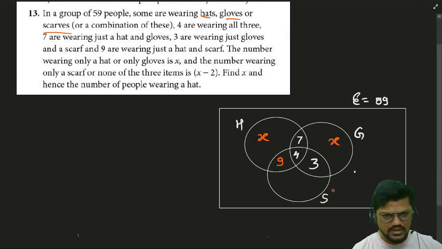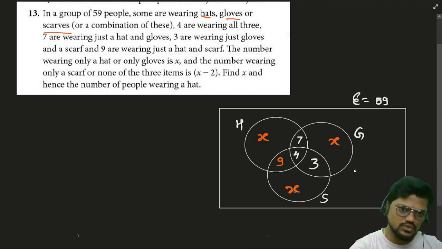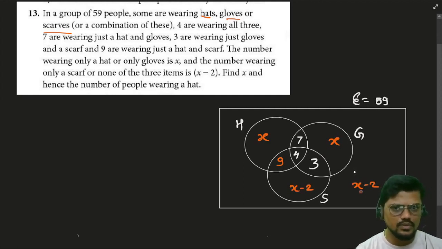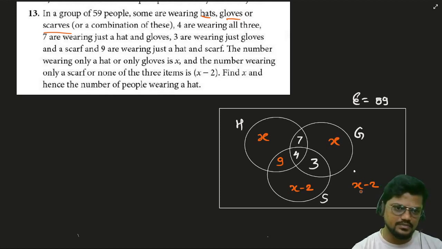That means this is also x, and this is also x minus 2, and this is also x minus 2. None of the three items means none of them is x minus 2. Find x and hence find the number of people wearing a hat.